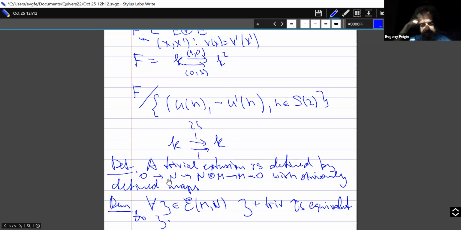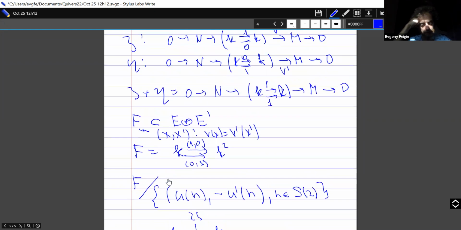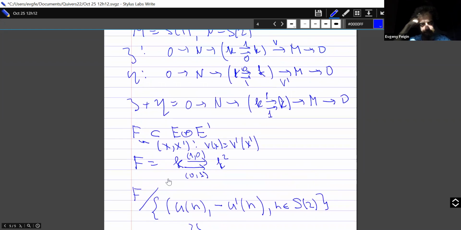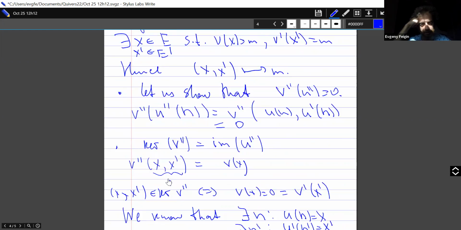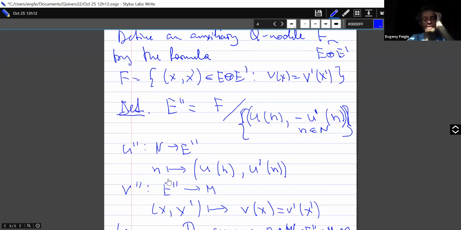In principle, this is rather easy to see. How does the definition work? We first consider our F, and we have x and x prime, but since e prime is trivial, this is nothing but saying that v prime of x prime is just a second component.